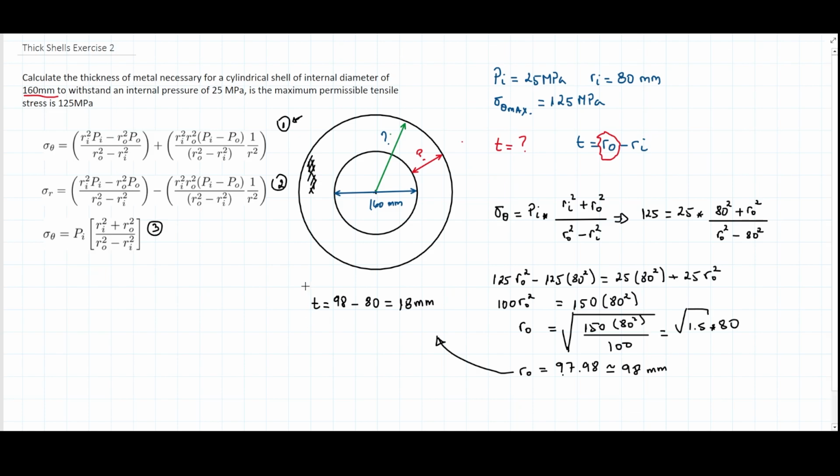And this is the whole problem. That's it, no more than this. Pretty straightforward, a little bit of substitution and mathematical operations, but in the end, it's very straightforward.